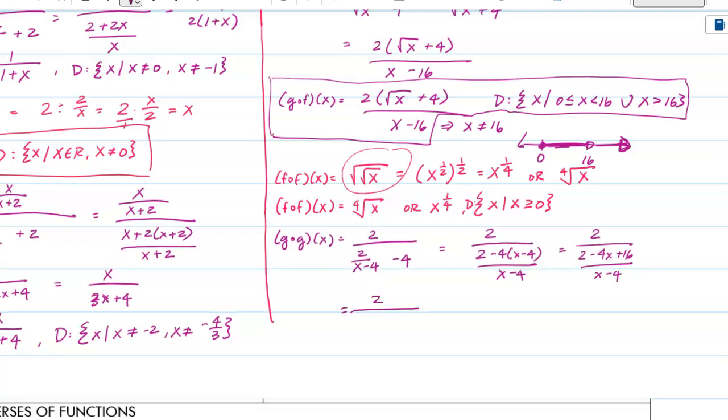That equals 2 over negative 4x plus 18 over x minus 4. Go ahead and take the reciprocal. 2 times x minus 4 plus 18. So that becomes 2x minus 4. I'm going to take a negative 4 out from there. Can I take a negative? No. Negative 2 out. Let's go ahead and take a negative 2 out. That becomes 2x minus 9.